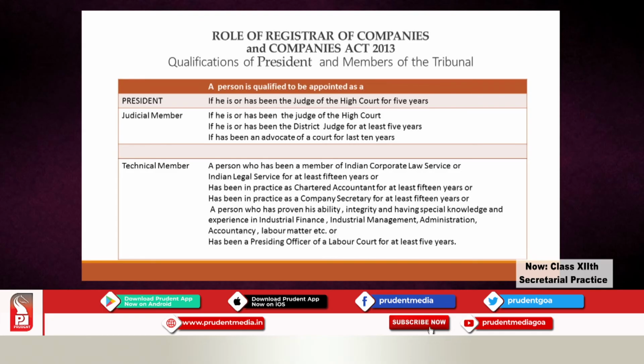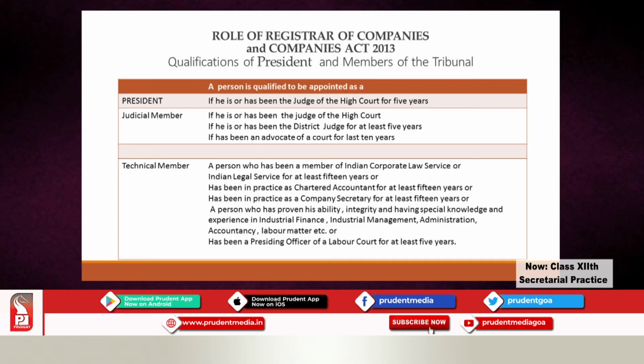President. A person is qualified to be appointed as a president if he is or has been the judge of the High Court for 5 years. Judicial member.